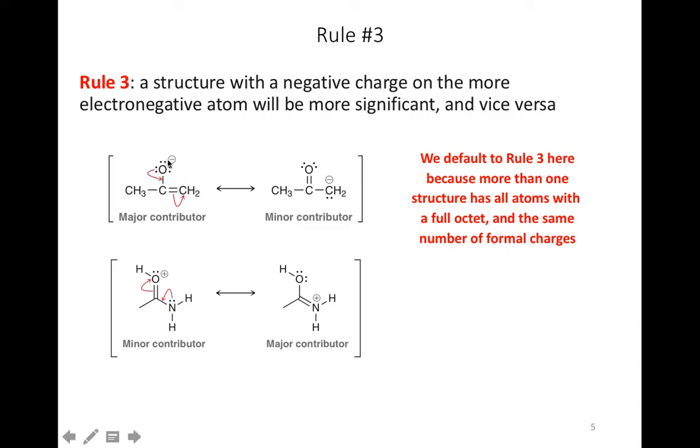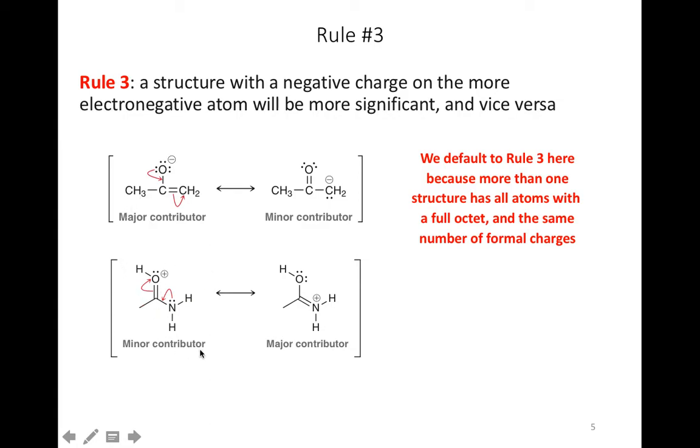They both have one negative formal charge. So by rule 2, I can't differentiate them. But from rule 3, in this one, the negative charge is on the more electronegative oxygen. And in this one, the negative charge is on the less electronegative carbon. So this should be a more important resonance contributor than the one on the right.